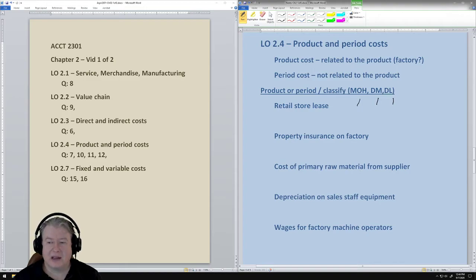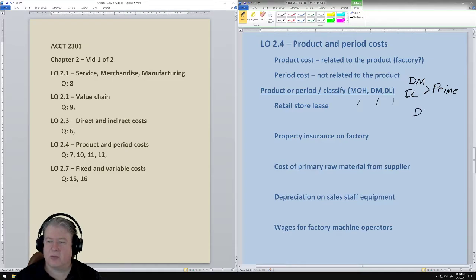So even though that's labor, we would say it's not direct labor. We can't trace the supervisor's labor directly to any particular finished good. So we want to understand manufacturing overhead, direct materials, and direct labor. And typically we say direct materials and direct labor, we call these prime costs.